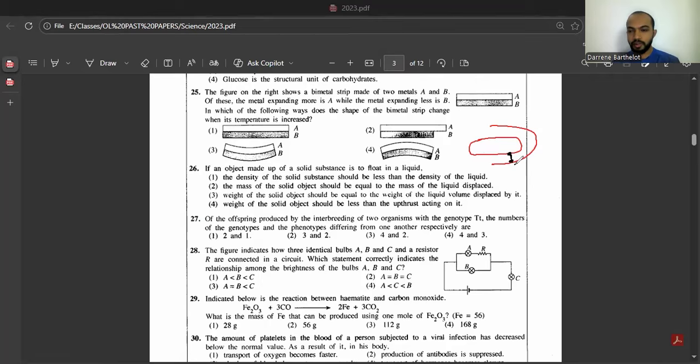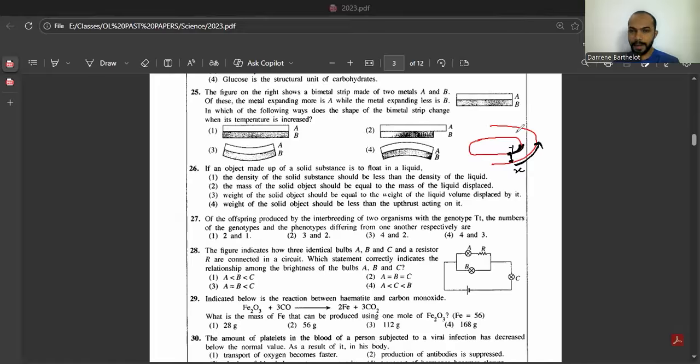The one moving on the outer side should move a larger distance compared to the one moving in the inner circle, which means if this person at this corner, let's say X, has to move very fast compared to, let's say, Y, X should move a much larger distance.